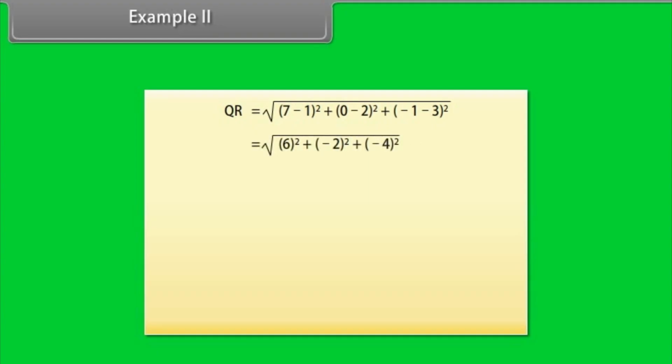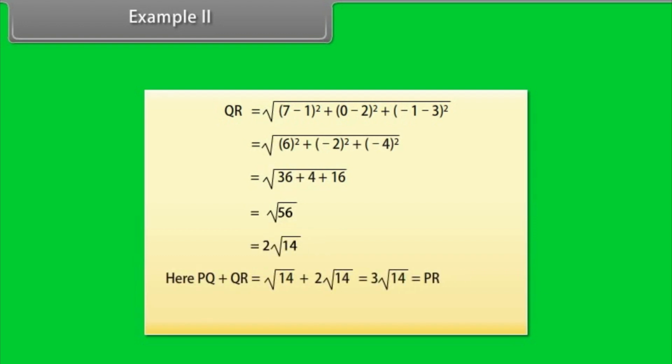After calculating QR, we get 2 into square root of 14. Here, PQ plus QR is equal to square root 14 plus 2 into square root 14, equal to 3 into square root 14, equal to PR. Hence, the points (-2, 3, 5), (1, 2, 3) and (7, 0, -1) are collinear.